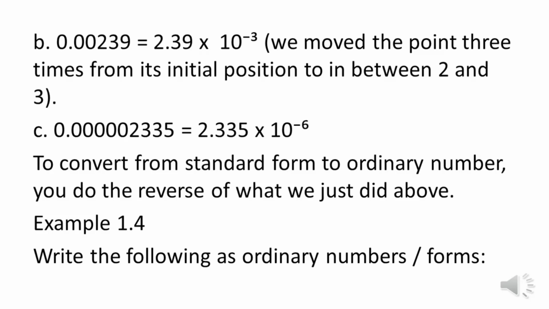Example 1.4. Write the following as ordinary numbers or forms. A. 3.219 times 10 raised to power minus 5. B. 3 times 10 raised to power minus 2. C. 2.308 times 10 raised to power minus 7. Solution.